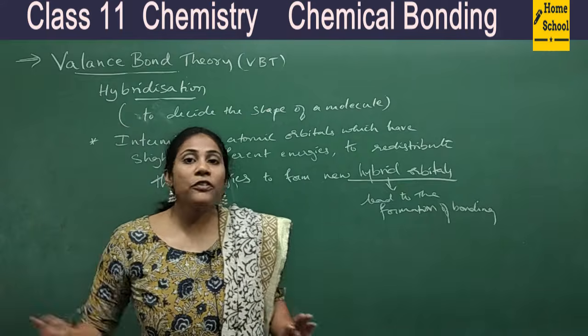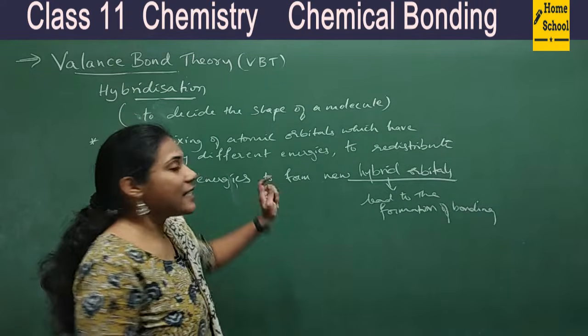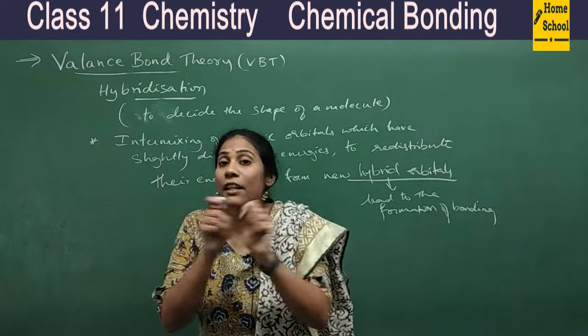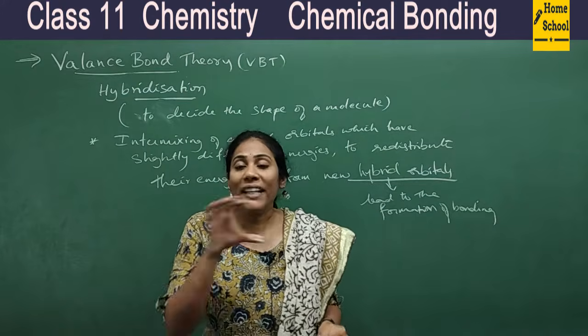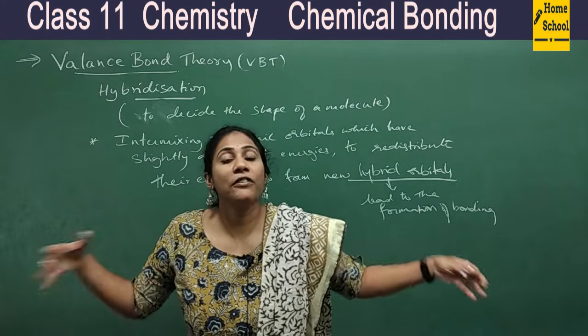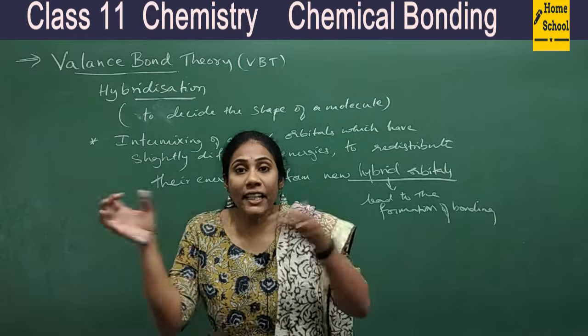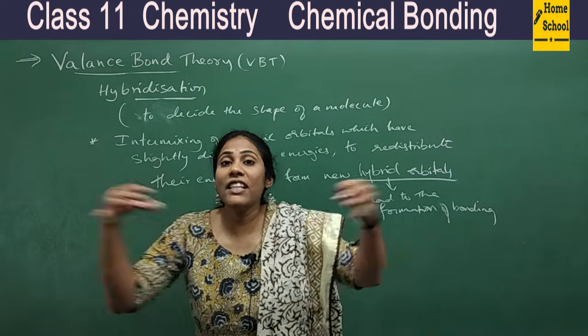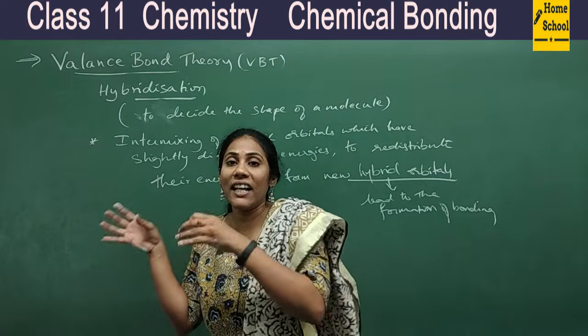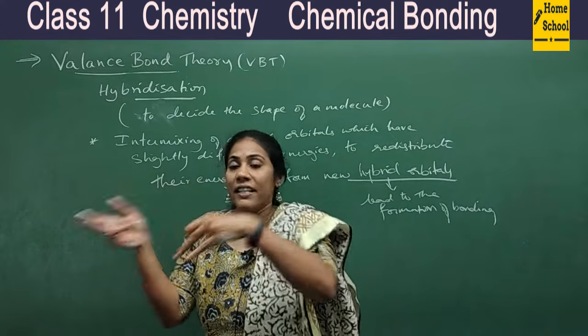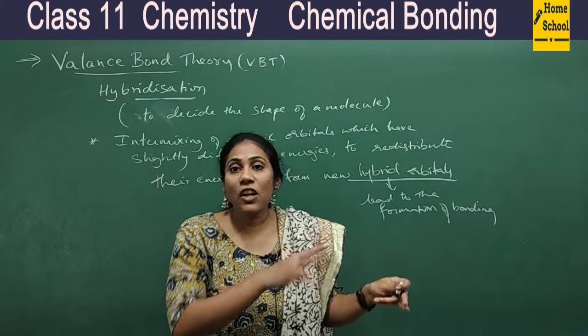So just as of now, think that hybridization is nothing but intermixing of atomic orbitals. Why do they have to intermix? Because they have different energy. So when they intermix, what happens? They equally share their energy. The one which has higher energy gives its energy to the orbital which has lower energy.